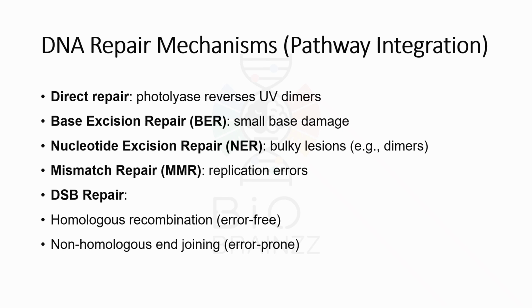Mismatch repair fixes replication errors. Double-strand breaks are repaired by homologous recombination, which is accurate, or non-homologous end joining, which is error-prone. These pathways are very important for maintaining genome stability.